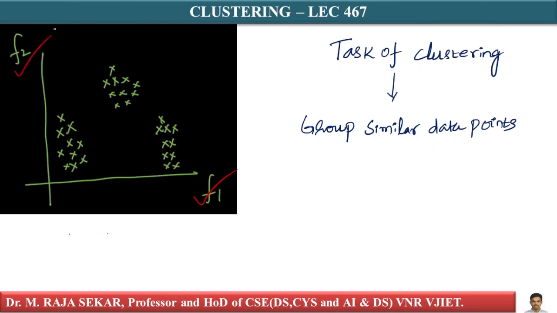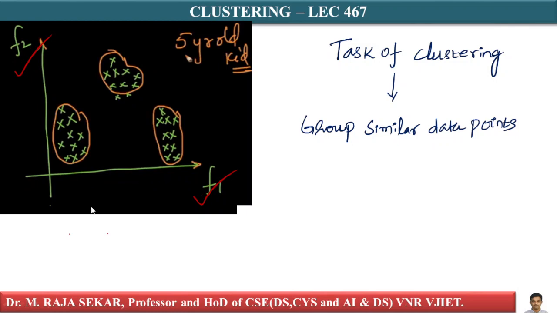If I say group similar points given this visual data, even a 5-year-old kid would say all these points can be grouped into one set because they are close to each other. All these points are grouped into one cluster, and all these points are grouped into another set. A 5-year-old kid would say there are 3 groups of points, or 3 clusters here.